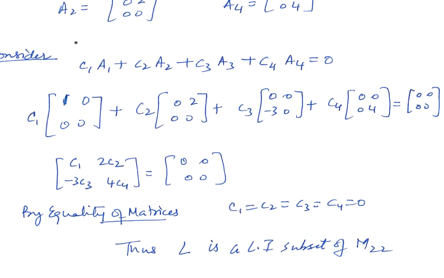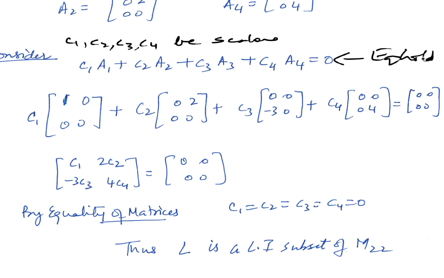Let C1, C2, C3, and C4 be scalars. If the set L is linearly independent, then for the equation C1A1 plus C2A2 plus C3A3 plus C4A4 equals 0, the only way it will hold is if all the Ci's are 0. That's what we have to prove.